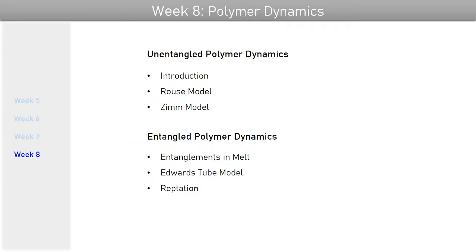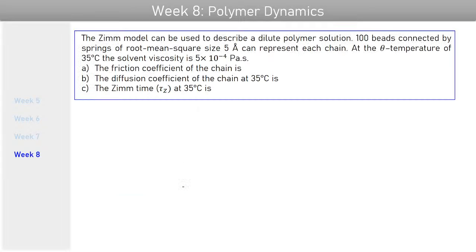For entangled polymer dynamics, we studied what are entanglements in polymer melts, and then the tube model, and finally this concept of reptation. So in polymer dynamics, all these topics were studied again at an introductory level, and here what we'll do is just briefly look at one example problem, which is based on the Zimm model.